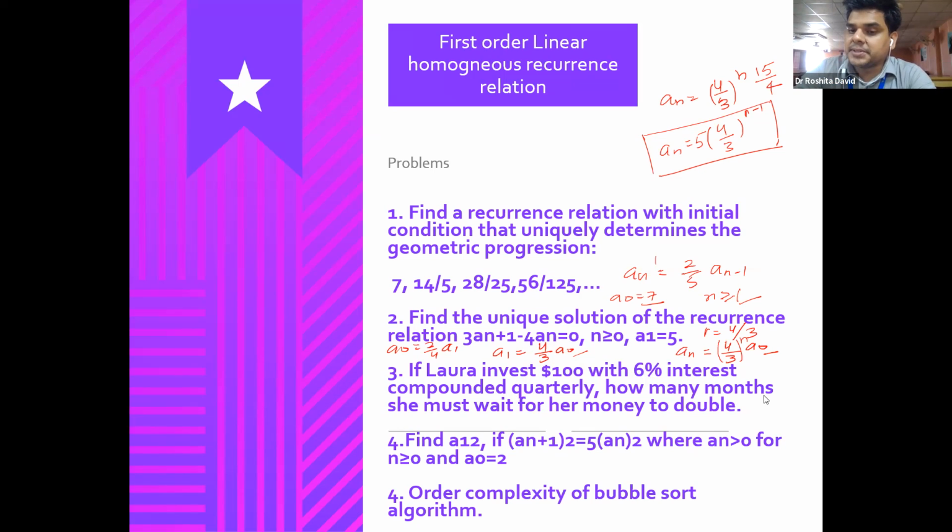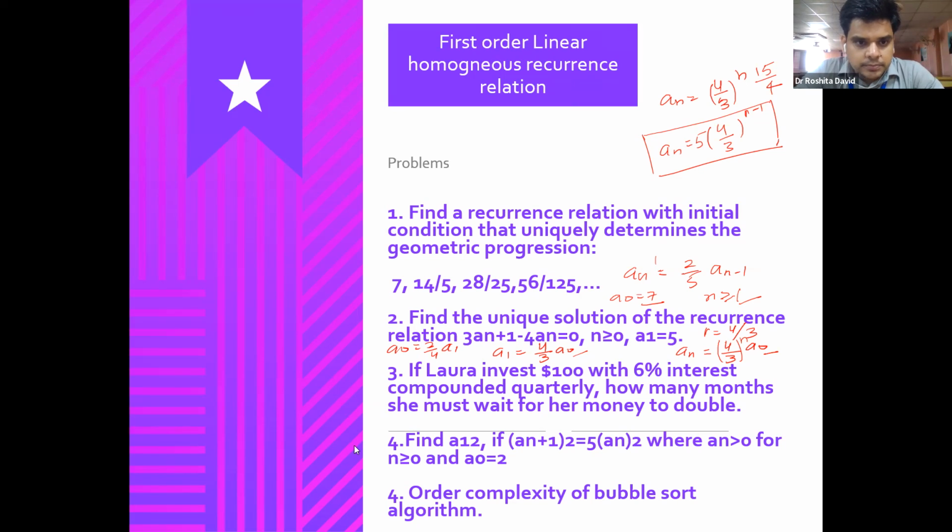So I will convert this rate into a per-month rate. Since they are saying quarterly, I will divide this 6 by 4. So 6 upon 4 is going to be 1.5. So 1.5 is the rate. If I consider everything per period, 1.5 is going to be the rate. Okay, so you know the compound interest formula, the amount formula for compound interest.